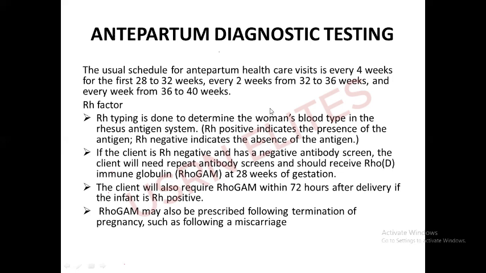Yeah. So I was saying that when you use your tape measure to measure the fundal height, and you are getting, let's say, 30 centimeters, you can use it to estimate the week of gestation to be 30, but that is an estimation.